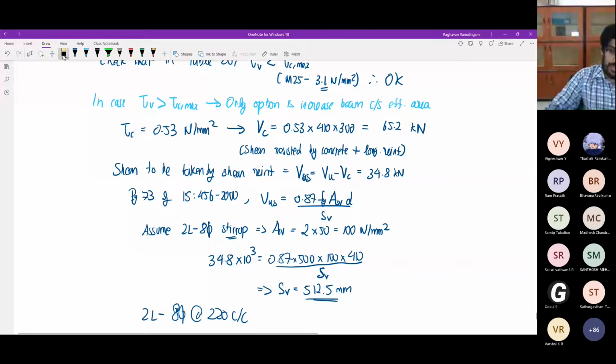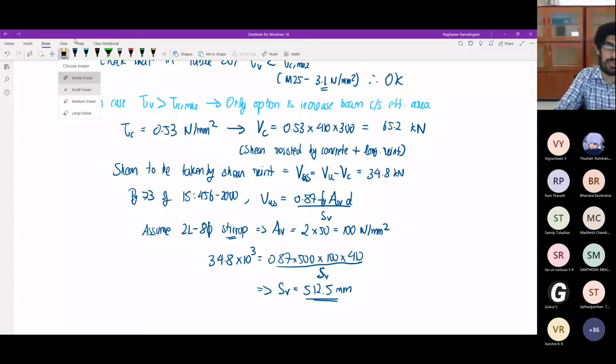When you say mild steel stirrups, it is 250 Newton per mm square yield stress. So this I think will be exactly half of this. So it will be about 256. So we should provide lesser than this.